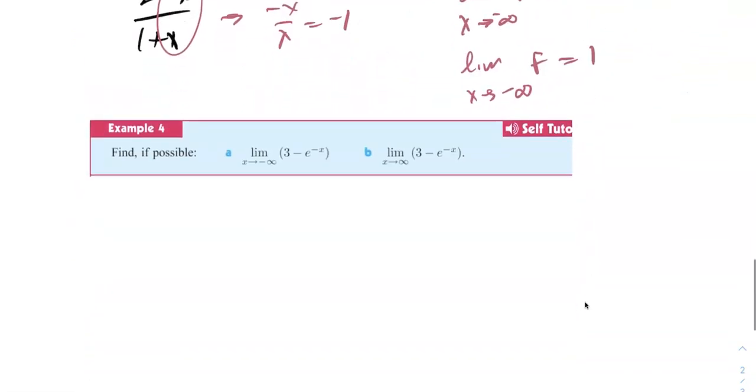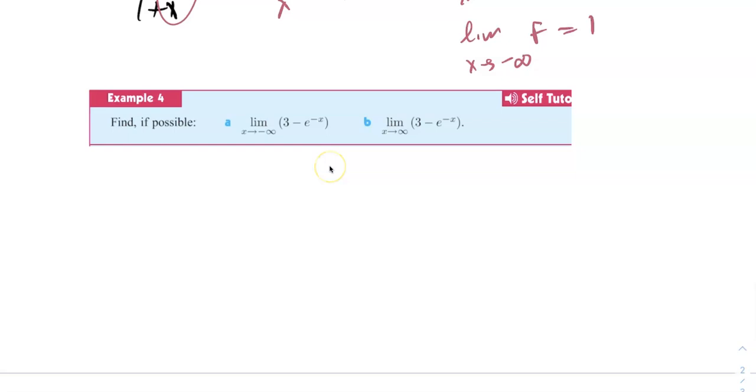Now, if it's not a rational function, that's what's going on here. The best thing to do is to graph it. If you don't want to graph, you could try to sub in a big number. Let's see what happens.